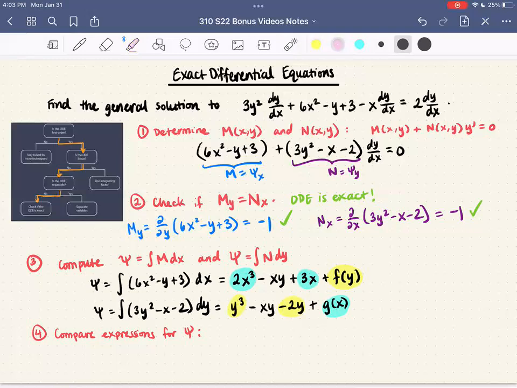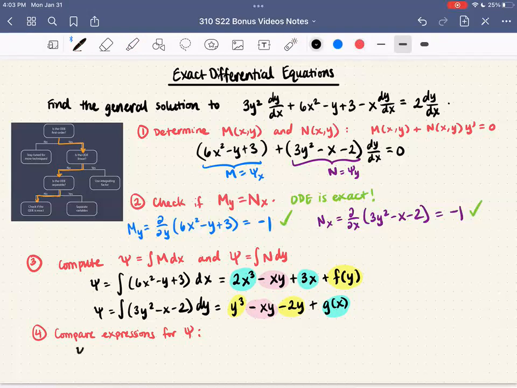Notice that the things that involve both x and y are the same in each equation. So that should happen if you do this correctly. Anything that involves both x and y should match each other in both expressions for psi. So now we just piece these things together.